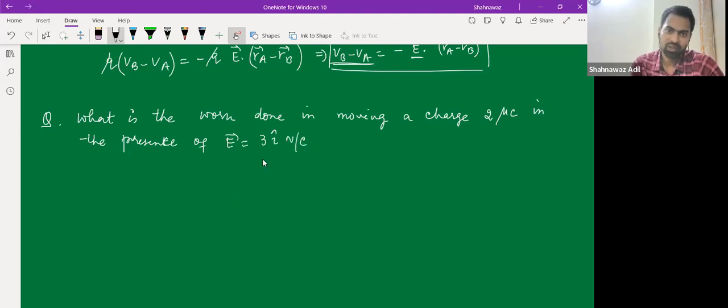If I write 3I, is this uniform or is this changing? If I write E as 3x square I, is this uniform or changing? So this is uniform and this is changing, right?